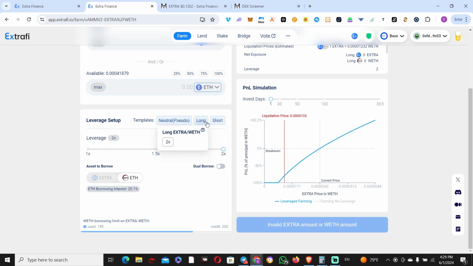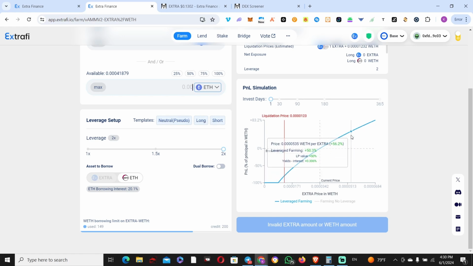Long is simply you betting that the ratio between extra and ETH will go up over time, aka extra will overperform versus ETH. Meaning that price will go to the right, and therefore with an LP valuation going to the right, you get more money than you would initially when you open your position.